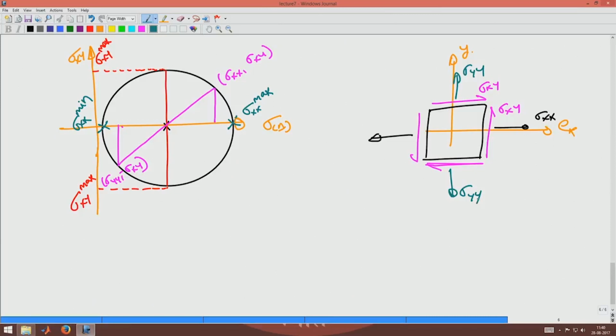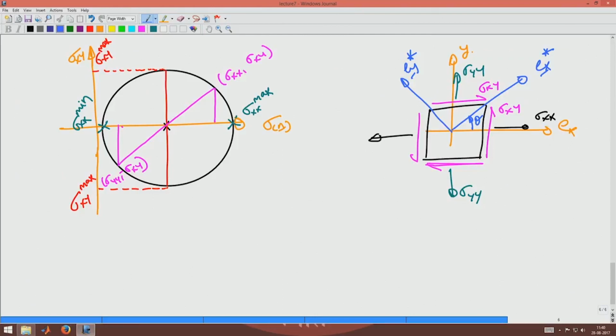Now, I want to represent what happens on this circle when the coordinate system rotates by an angle theta. Now, this is Ex star, Ey star, where I have given an anticlockwise rotation of theta.